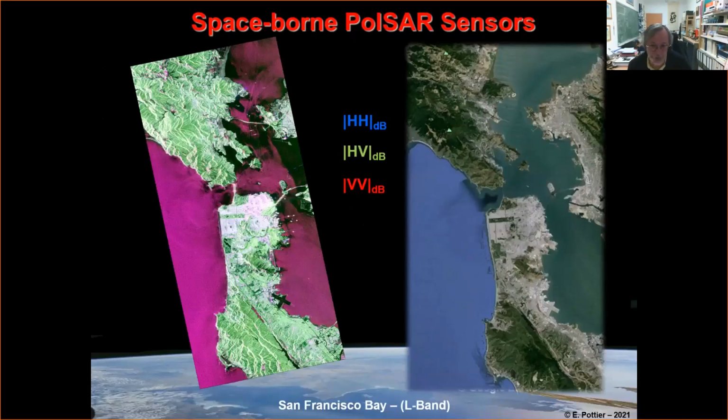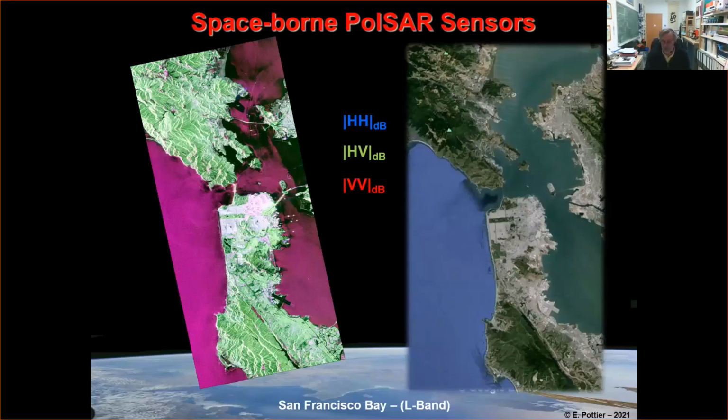It means that I can immediately have maybe a first interpretation of the different scattering mechanisms. So this image confirms what I explained to you before, that VV was most important for the sea surface analysis, because the sea surface is more sensitive to the vertical polarization.